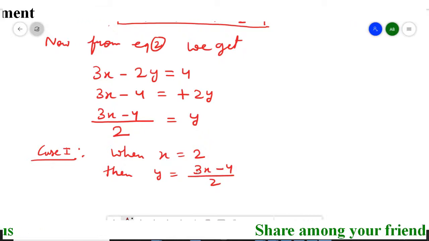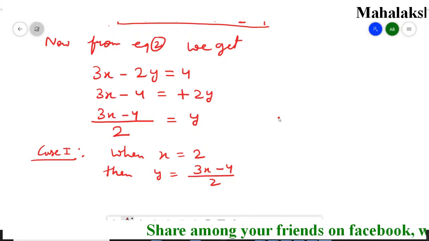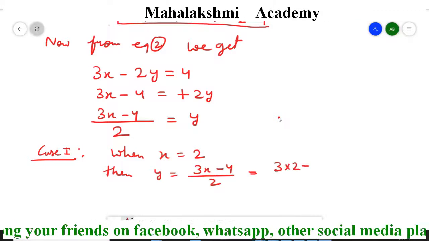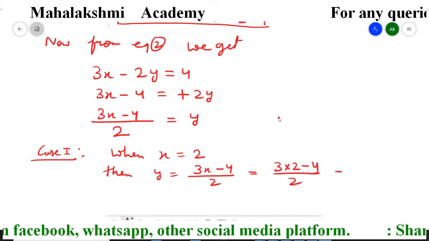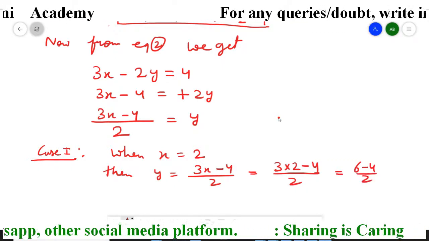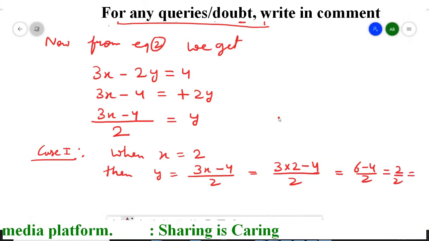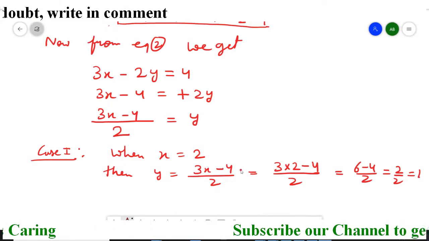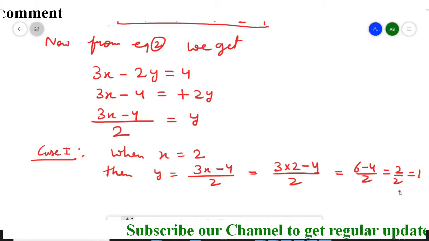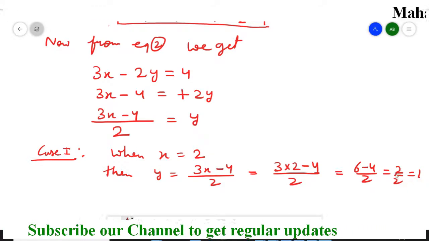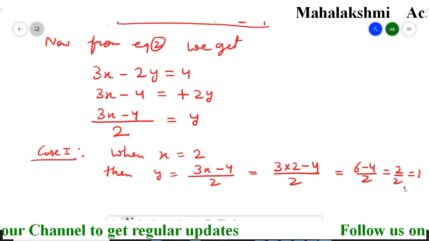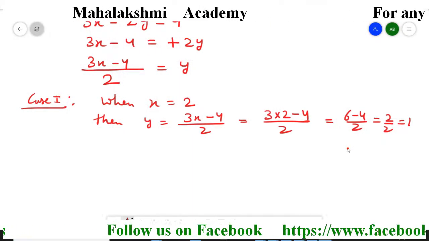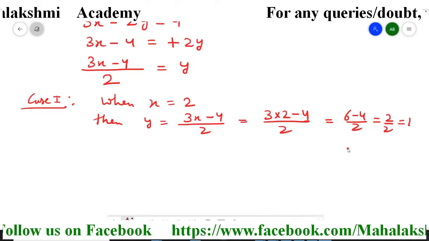So when you replace it, it comes as 3 multiplied by 2 minus 4 divided by 2. You will get 6 minus 4 upon 2, that is 2 upon 2 equal to 1. So select the number in such a way that after all the steps you can easily divide it, and if you cannot divide then it will come in decimal. That's also not a problem, but try as much as possible to get a completely divisible number.